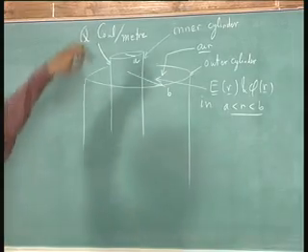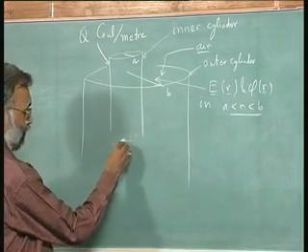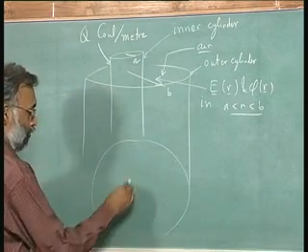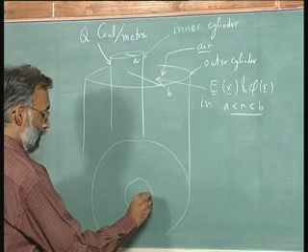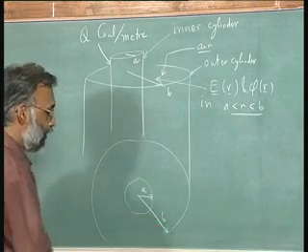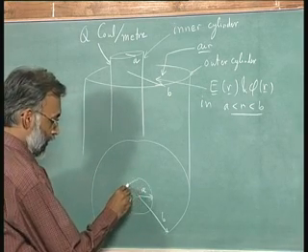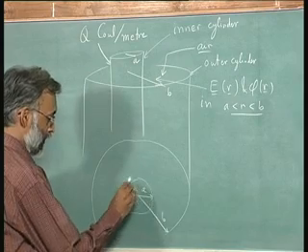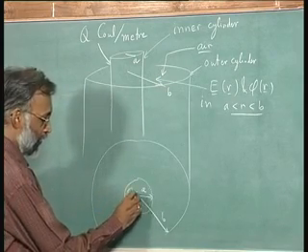So, if we look from above, then the same picture looks as follows. I have got two circles. The inner circle has a radius A, outer circle has a radius B. On the inner circle is some charge, the charge is q, it is q coulombs per meter.